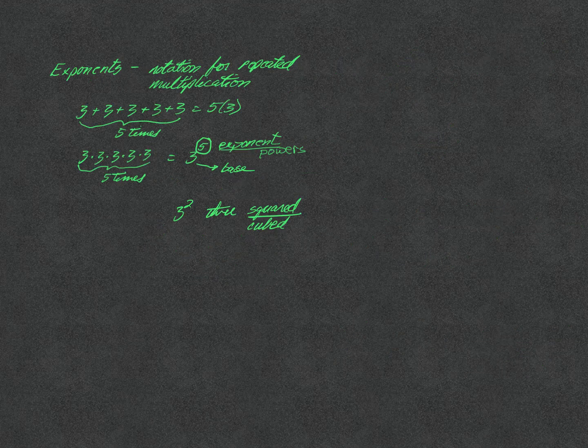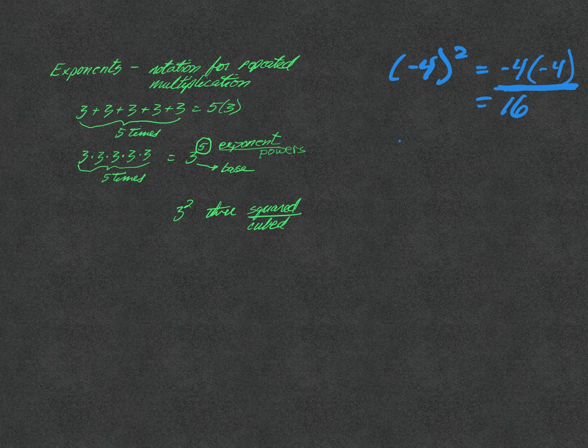So some quick problems would be like these. You might see something like negative 4 squared, which means negative 4 times negative 4. Okay? So that would be a positive 16. Now, you don't always have to write this out. You can just multiply it in your head. But writing it out may help you avoid negative sign mistakes, things like that.